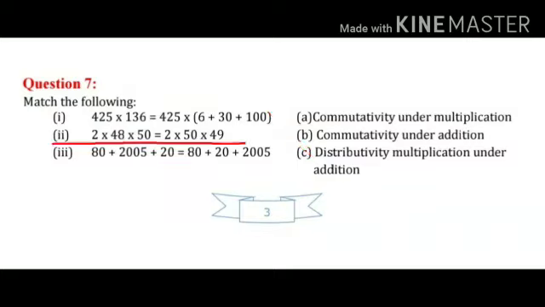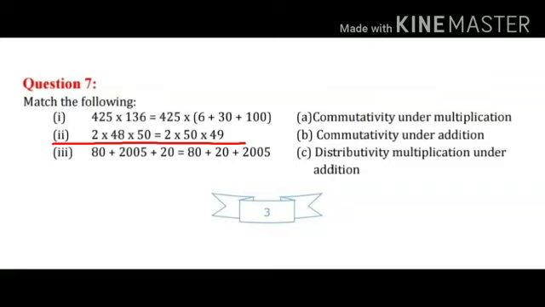Next we have 2 into 48 into 50 equals 2 into 50 into 49. Here we swap the digits, so as is well known, this is the commutative property. Now we have to define whether this is under multiplication or under addition. It is obvious that it is multiplication, because here we have 2 into 48 into 50, and then we write 2 into 50 into 49.